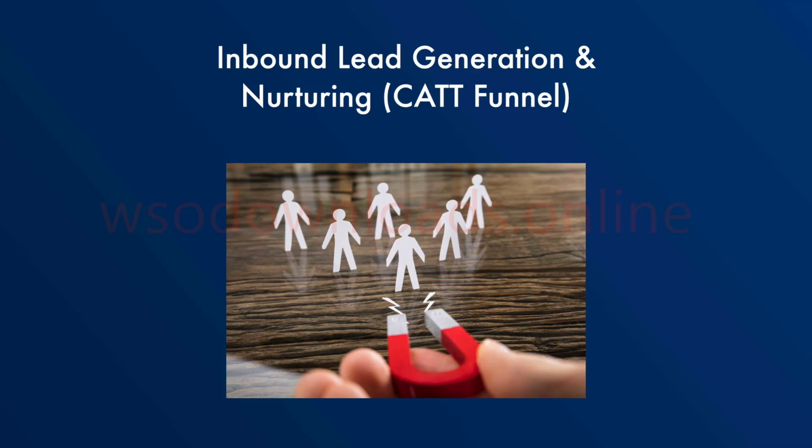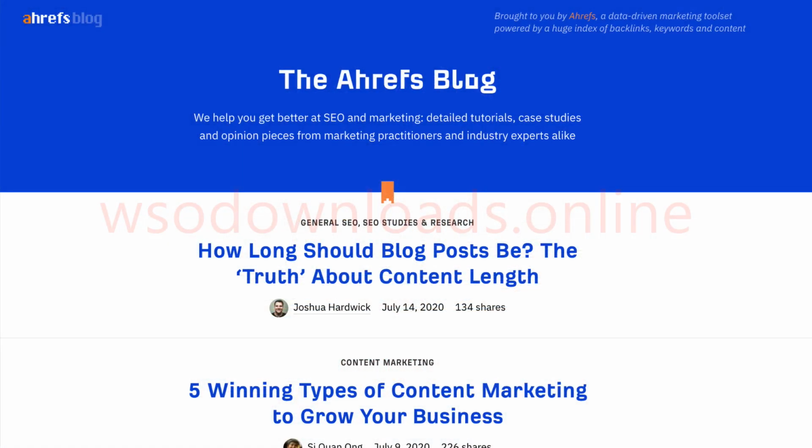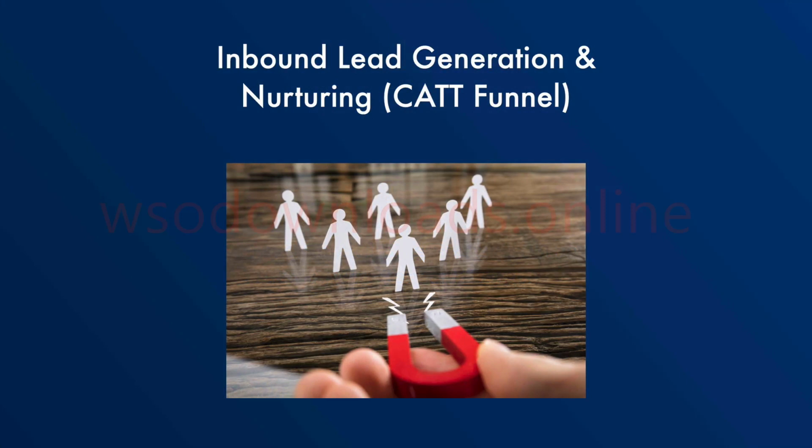They probably still do it for enterprises, but not for small and medium businesses. Small and medium businesses are attracted into their funnel through content marketing and other inbound methods, even though they are a B2B company.